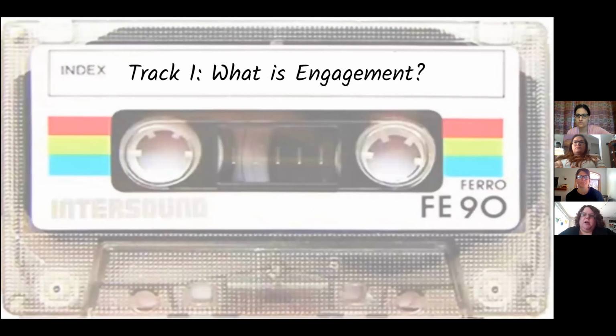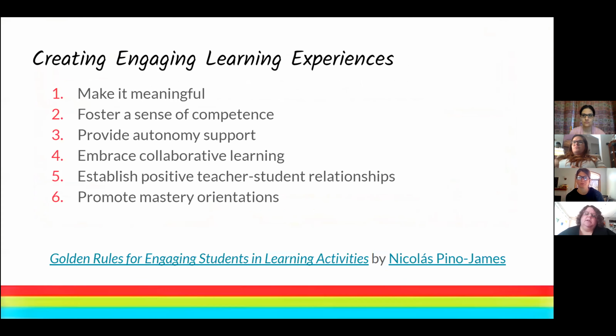So the first thing we'll talk about is what actually is engagement. What do we mean when we say engagement? So really quickly, briefly, you create engaging learning experiences. It needs to be meaningful. Students need to have a sense of competence. It needs to be autonomous, so students are doing the work as much as they can on their own. Collaborative is a great engagement tool.